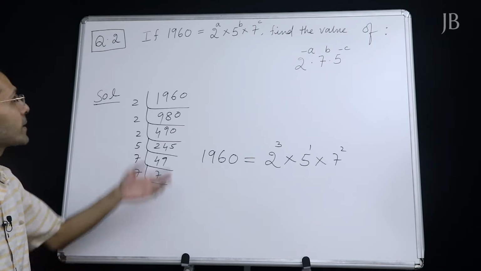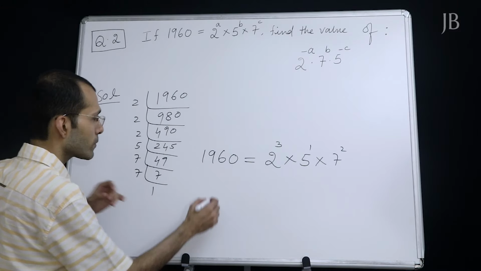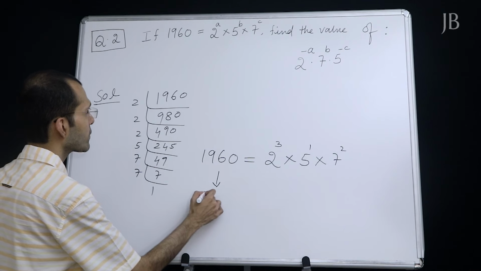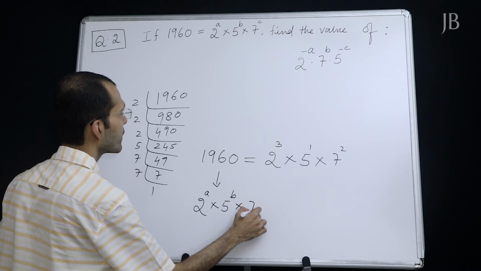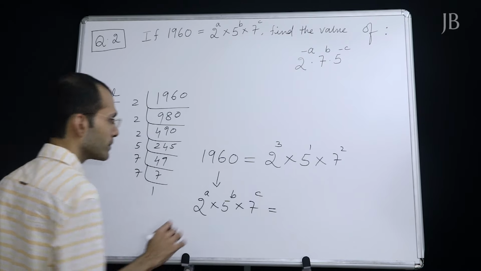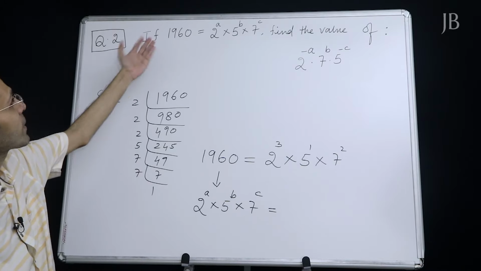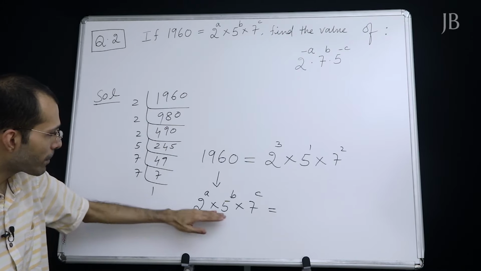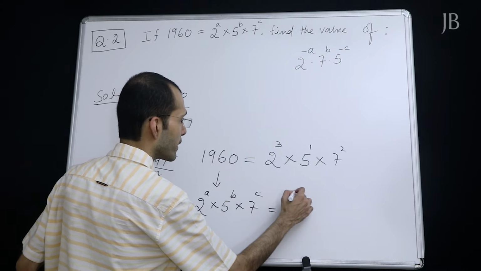But they are saying that 1960 is this. So instead of 1960, we will write 2 raised to a into 5 raised to b into 7 raised to c. Because 1960 is this according to us, but they have said 1960 is like this. So 1960 will be replaced with what is given, equal to what we have obtained.